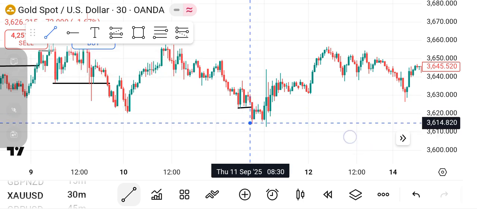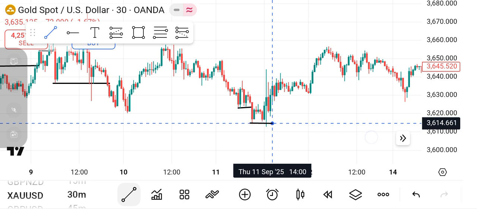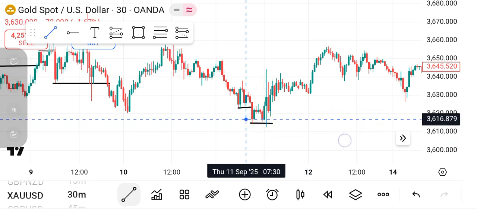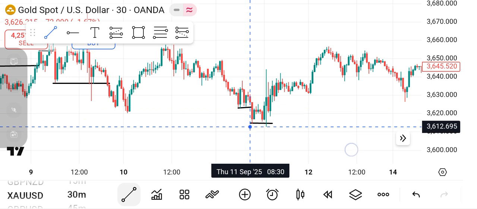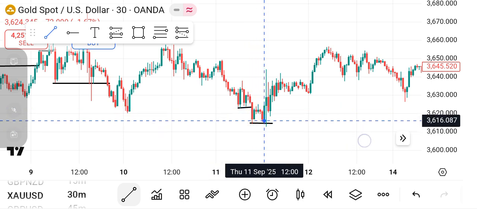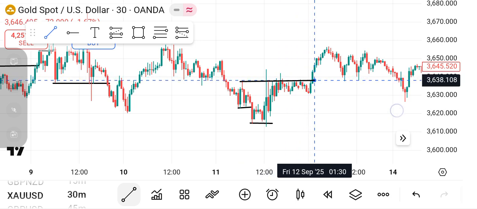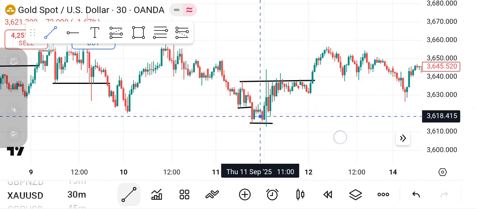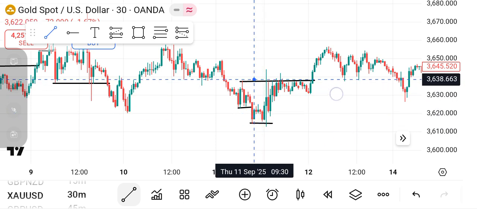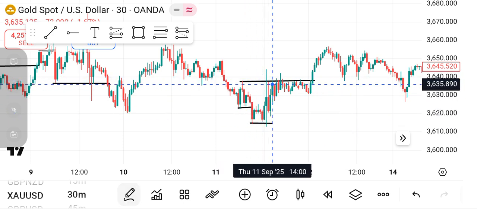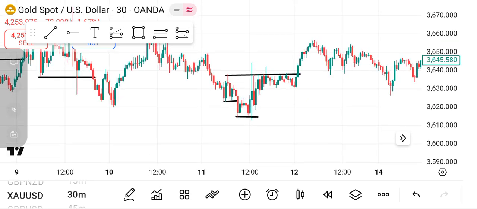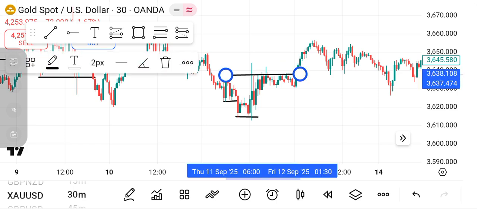Then on this one right here, what do we see? This is a sweep, and this is not a valid break. This is a sweep of this low before the change of character. Now, most of you usually make mistakes when it comes to identifying your change of character. Let me also touch on that one.